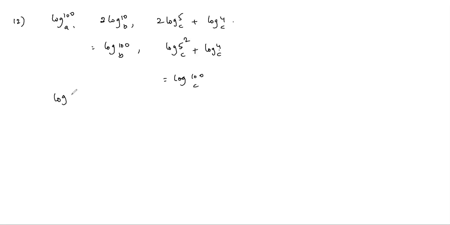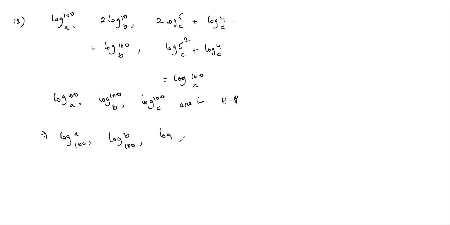Log 100 base a, log 100 base b, log 100 base c are in HP. What is the reciprocal? Log a base 100, log b base 100, log c base 100 are in AP.